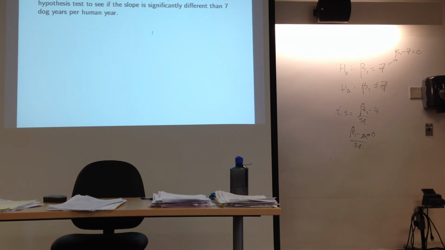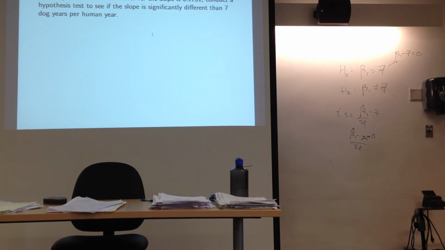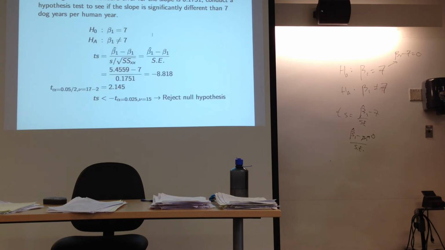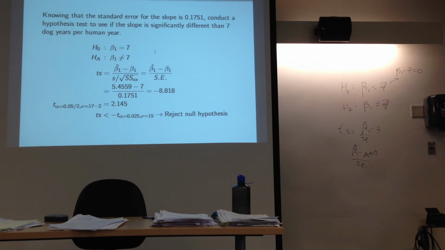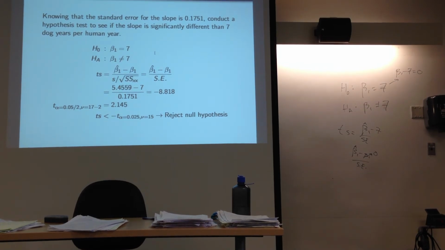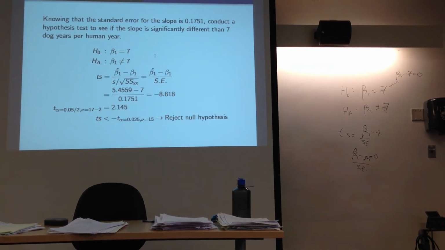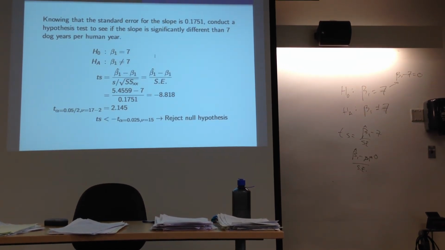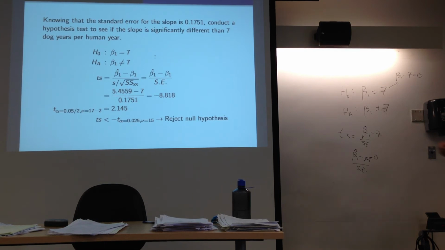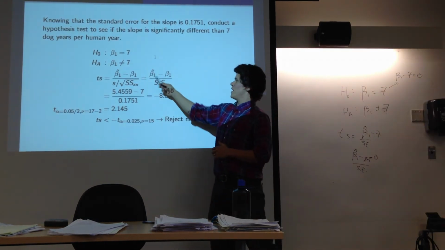Yeah, you're going to compare it to some critical value. And where do you get that critical value from? From what kind of table? T-table, right? Why is it a T-table? It's a T-table because, let me think, basically you can think about these as means.